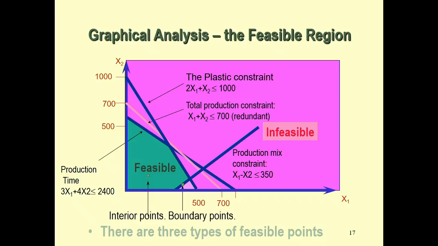The third type of point are called extreme points. Extreme points are corners, if you will. This feasible region has how many extreme points? Well, 1, 2, 3, 4, and 5. It has 5 corners. And this is where we go from an infinite amount of solutions to 5.